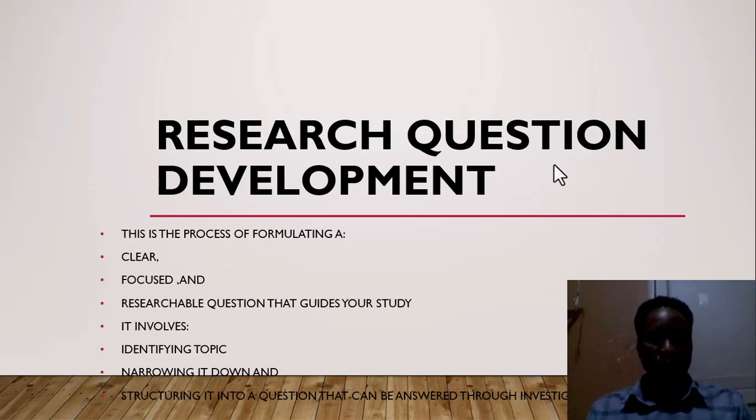This is the process of formulating a clear focus and research question that guides your study. It involves identifying topics, narrowing them down, and structuring them into a question that can be answered through investigation.